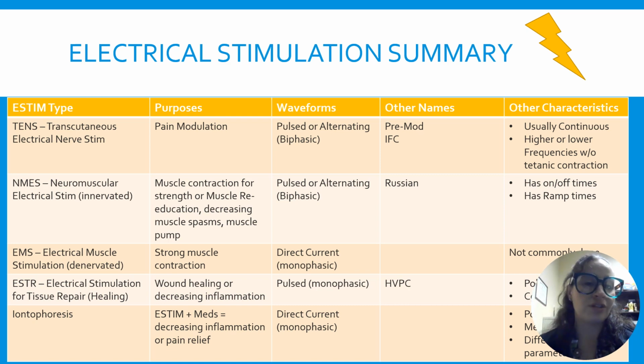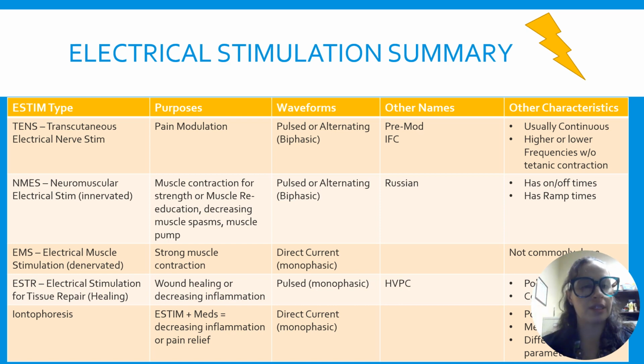okay? And so that's what the use is for innervated muscle to contract, usually because your patient is having a hard time even acknowledging that the muscle is there and getting it to work, or because they're not strong and you're not getting a strong enough contraction and you're trying to make a stronger contraction.